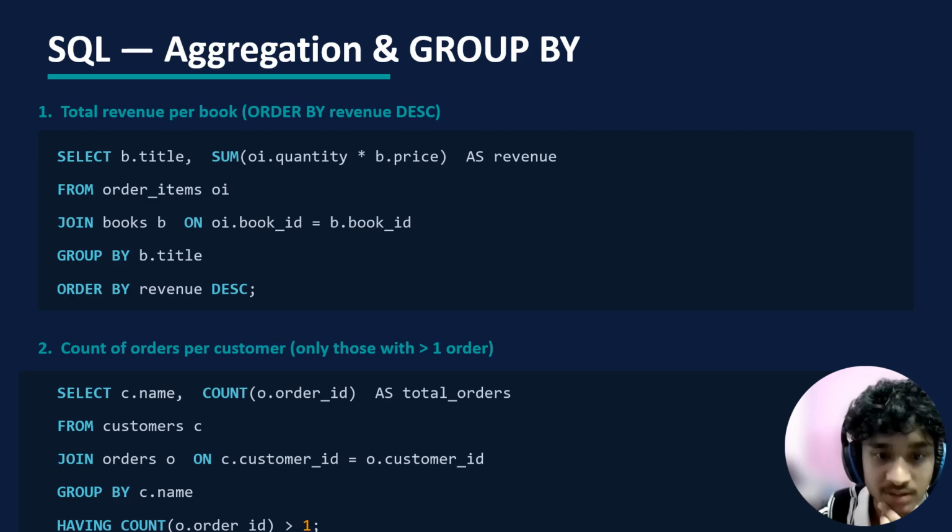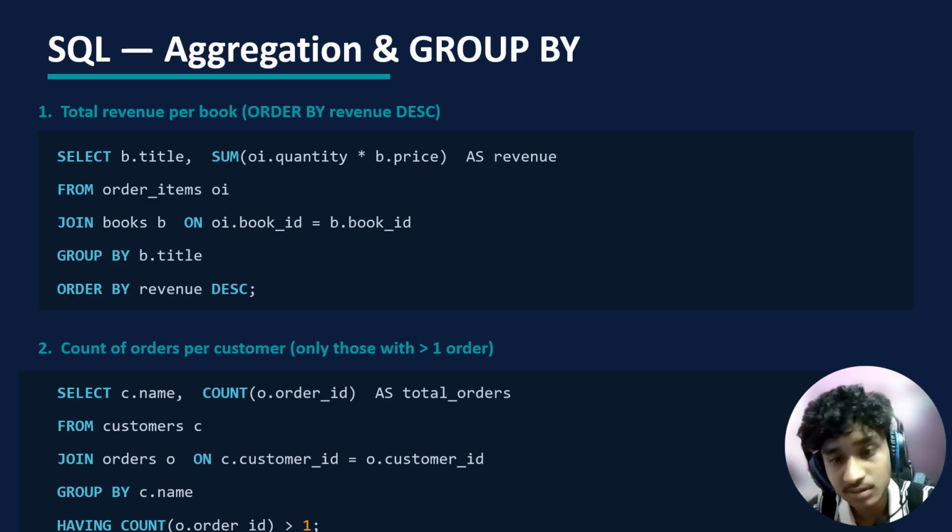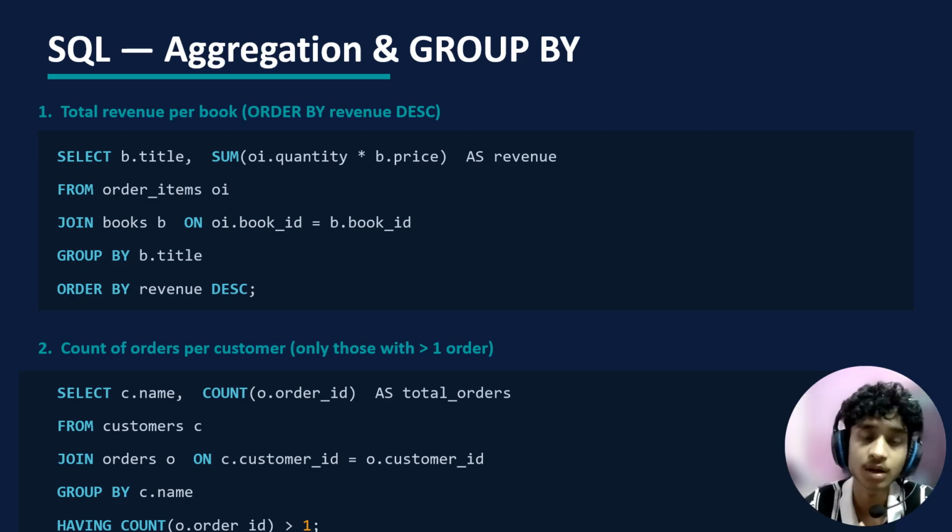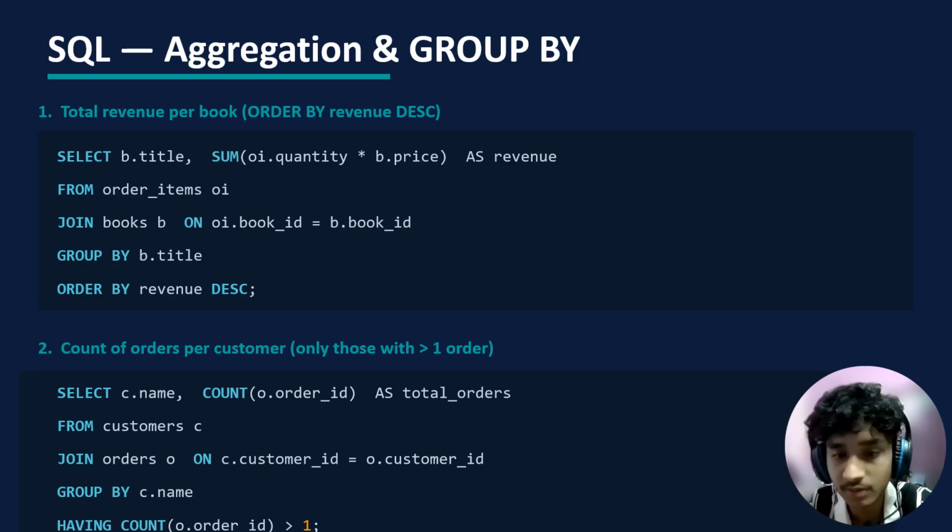The next one is aggregation and GROUP BY. We can see the total revenue per book. To see the total revenue per book, first we need to select the book title and we need to add the total sum, the total quantity of the book and the price per unit. Let's say Priya buys five books, each book costs 12.99, so we multiply 5 by 12.99 to get the total sum.